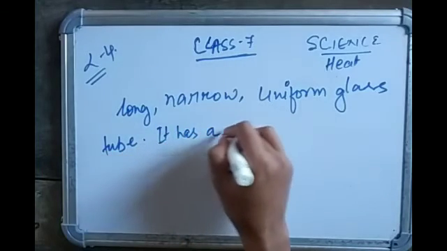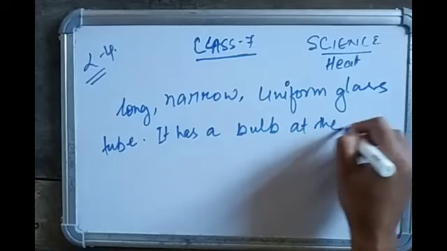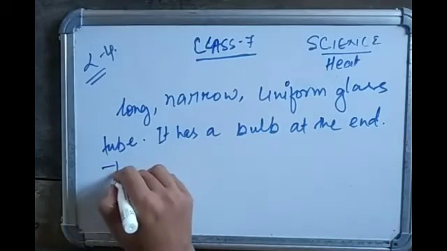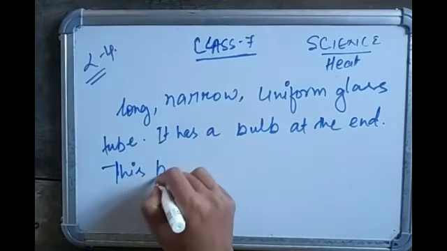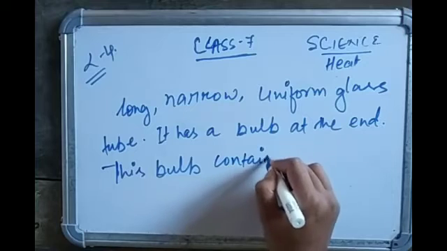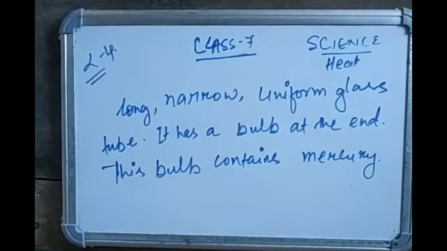It has a bulb at the end. The bulb contains mercury. Outside the bulb, a small shining thread of mercury can be seen.